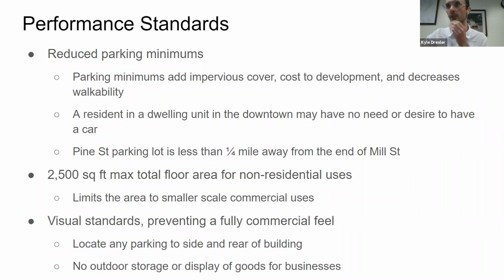This is similar to standards we created when we were amending the ordinance for Park Street, where you want to have that more walkable, neighborly feel on the street when you're walking, and you don't want to see parking lots in front of the structures, and not having any outdoor storage or display of goods for the businesses. So all part of the commercial use would really have to take place within the structures on the lot.